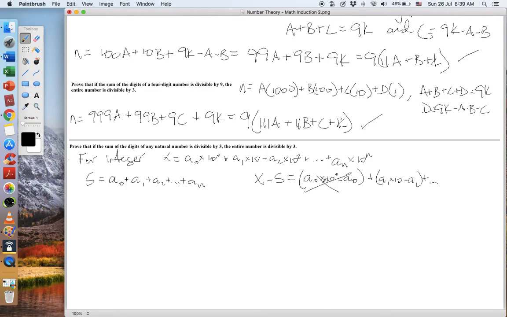So this term minus that, this term minus that, all the way up to a sub n times 10 to the nth minus a sub n.